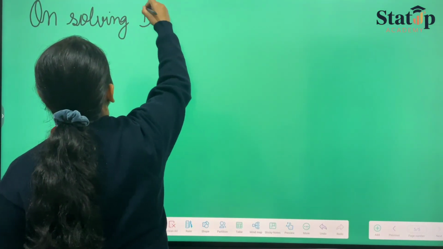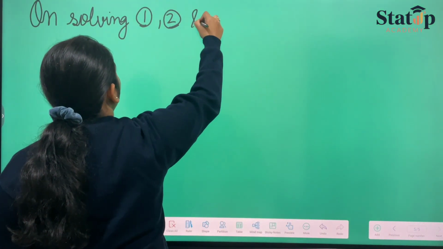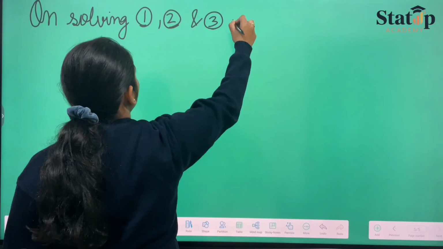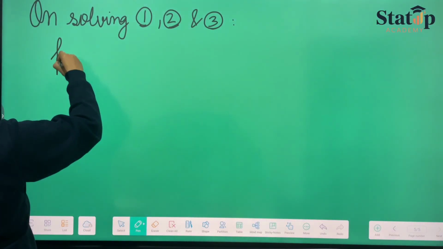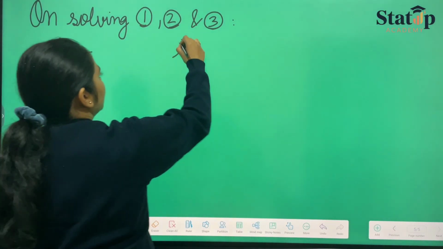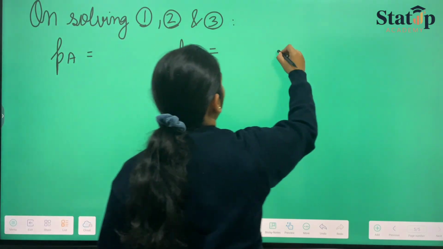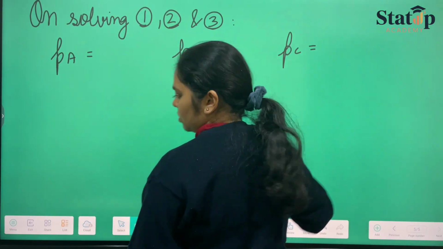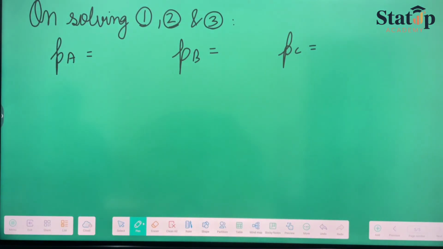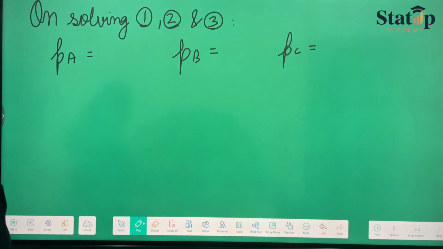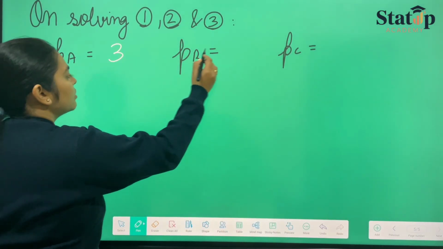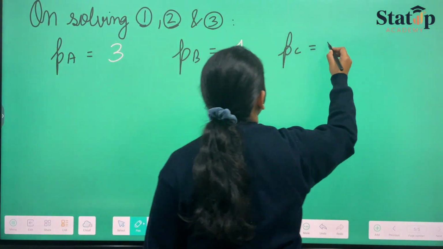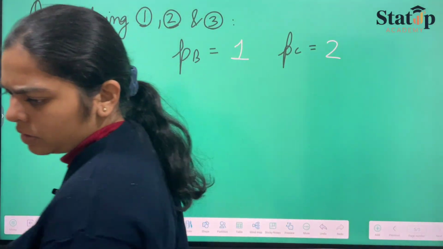On solving equation 1, 2 and 3, we get PA is equals to, PB is equals to, and PC is equals to. So PA is equals to 3, PB is equals to 1 and PC is equals to 2. 3, 1, 2.